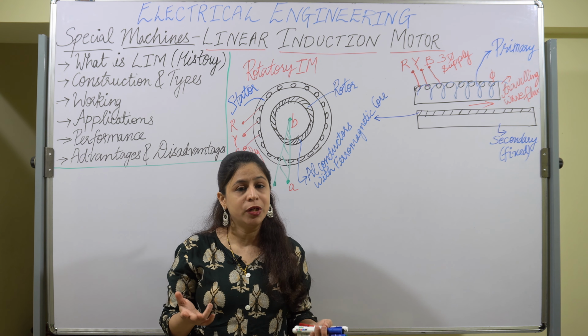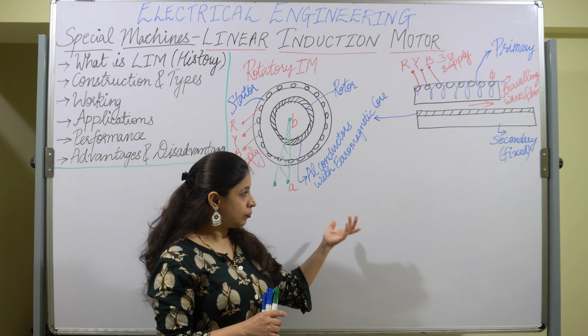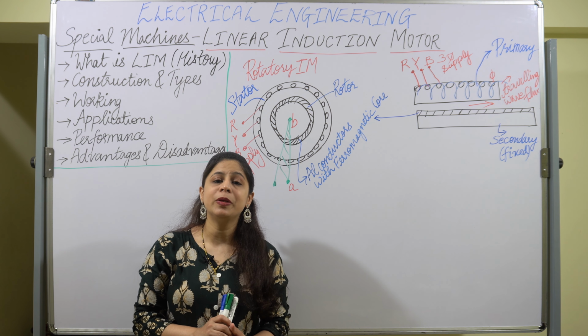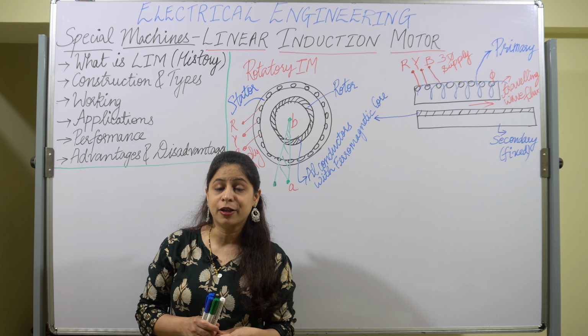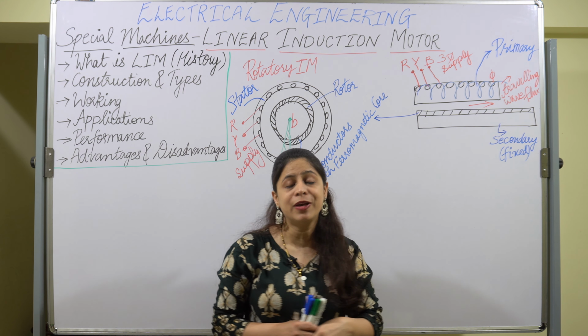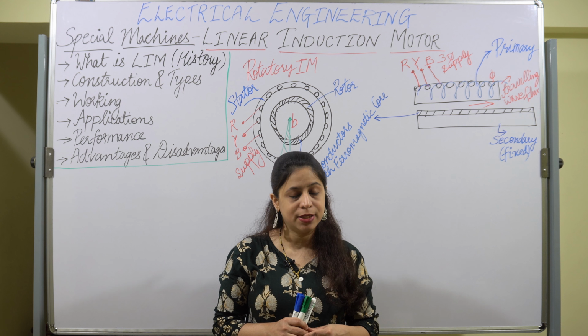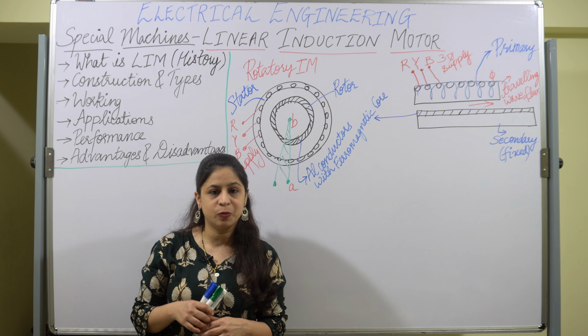Why are the induced currents set up? They are set up for two reasons. The first reason is that there should be a relative motion. The second reason is that there should be a change in the magnetic field. Here there is no change in the magnetic field because the frequency is fixed. In India it is fixed at 50 Hertz, and everywhere in the world the frequency is fixed.